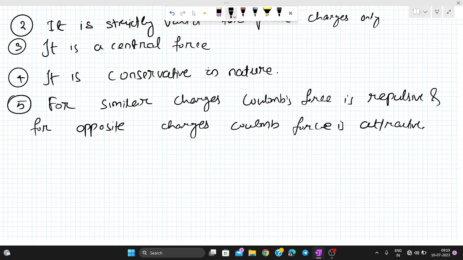These are a few points you have to remember about Coulomb's law.